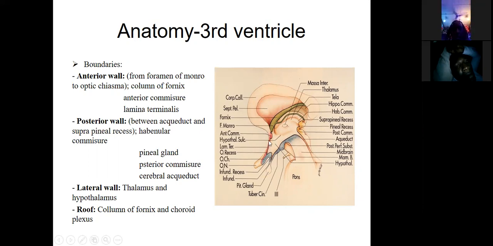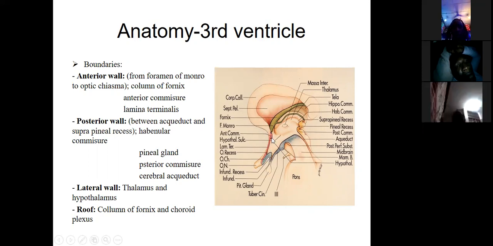This anterior wall is formed by the column of the fornix, the anterior commissure, and the lamina terminalis just ahead. It has a posterior wall which extends between the aqueduct and the suprapineal recess.